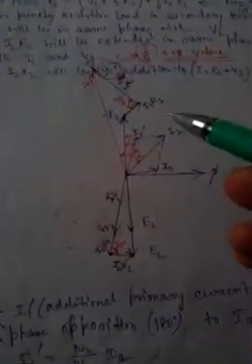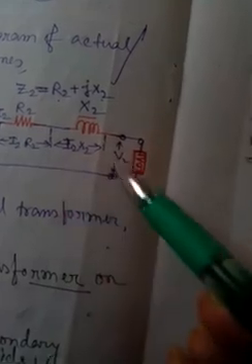Then how will you draw the phasor diagram? Say this is the diagram for a purely resistive load. If I consider the load is purely resistive, then the secondary current I2 and V2 will be in the same phase.